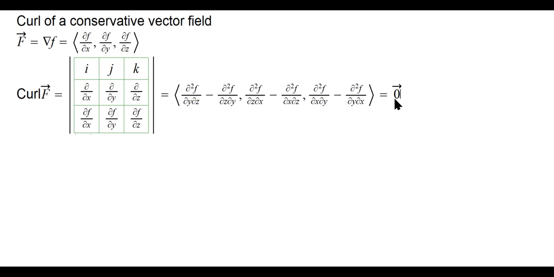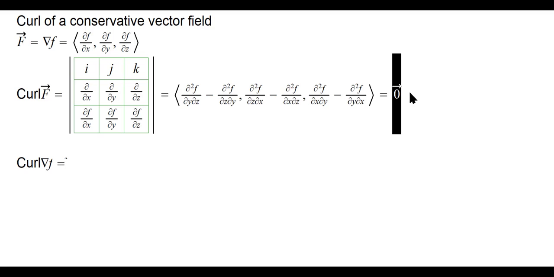So what we see is that if we take the curl of a conservative vector field, or in other words, the curl of a gradient vector, then we shall always get a 0, right?